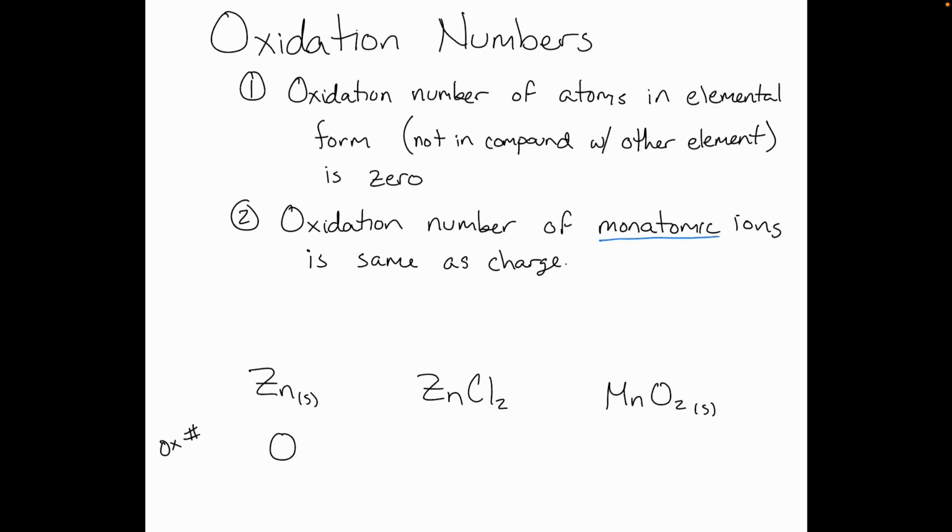So monatomic means single atom ion, i.e. not a polyatomic ion. So if we have an ionic compound that consists of monatomic ions, we can figure out the oxidation number just by looking at the charge of those ions.